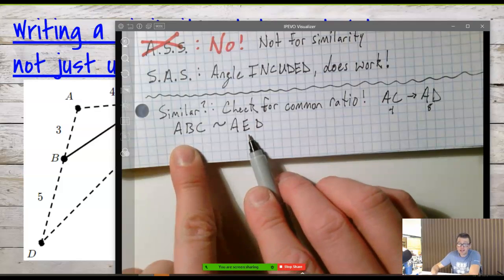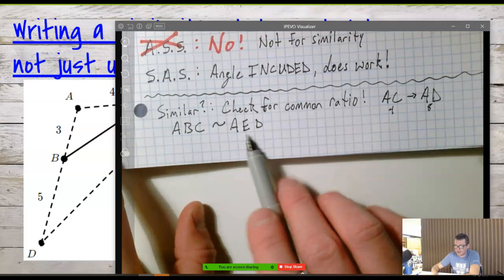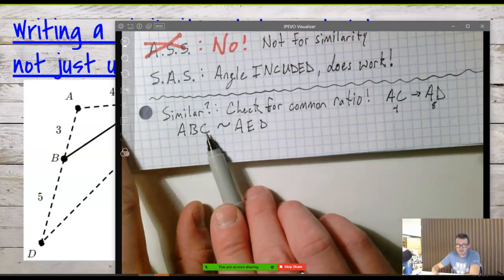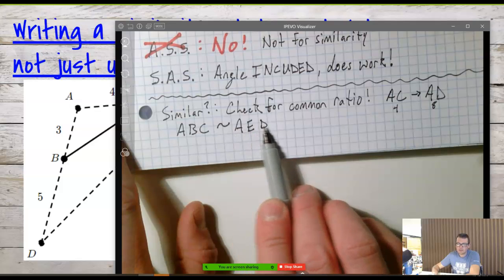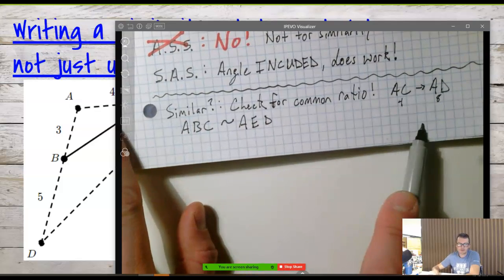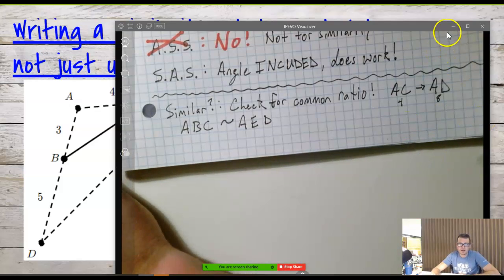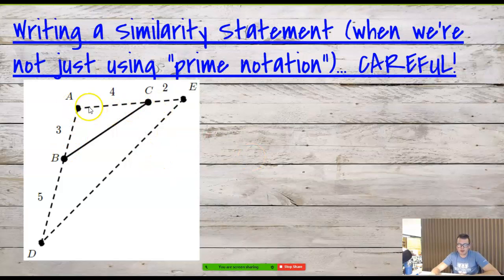So if you were asked to write this similarity statement, it's ABC similar to AED, because the order got kind of weird. We always have to check which one is the shorter leg compared to the longer leg. Then AB, 3, becomes 6, right? And that checks out. It has the same common ratio.